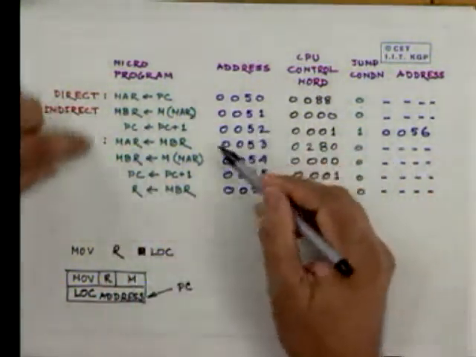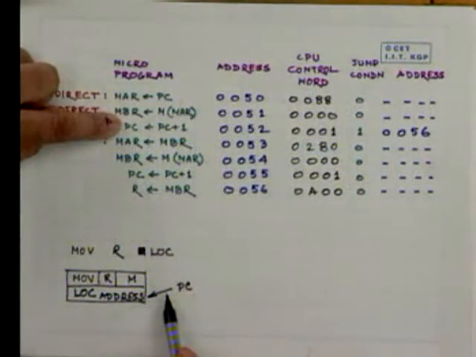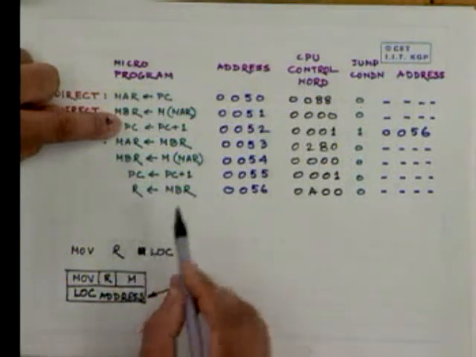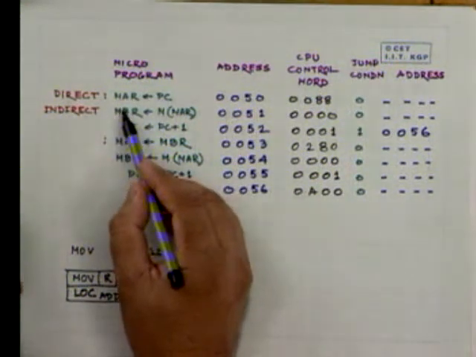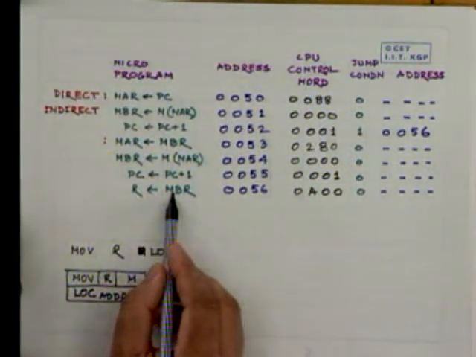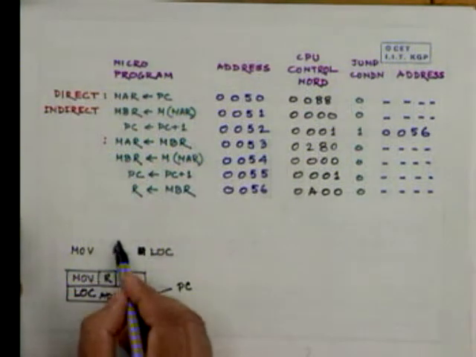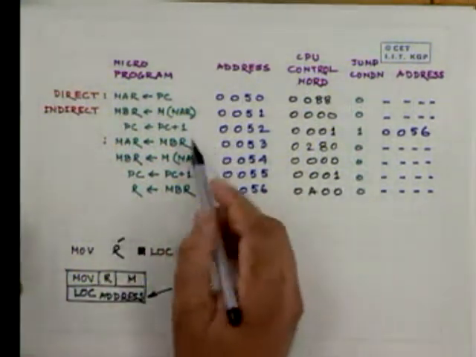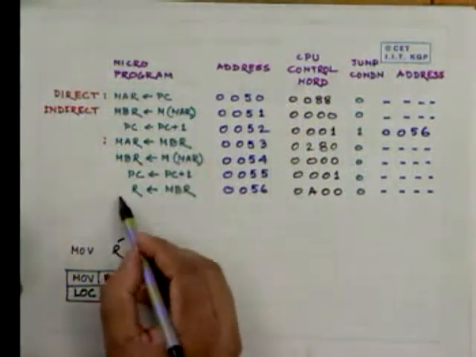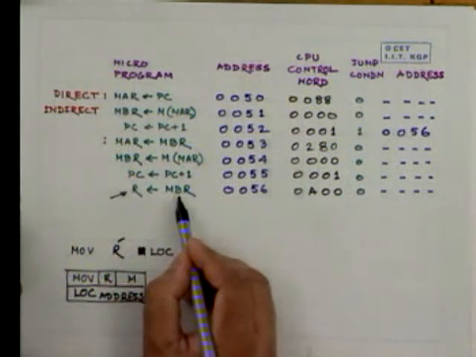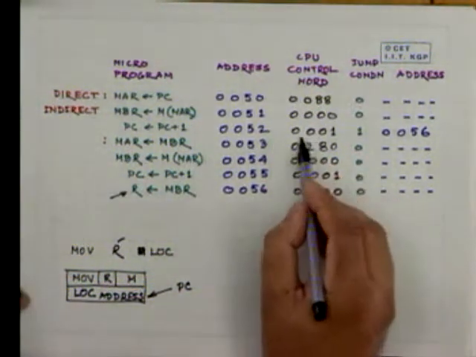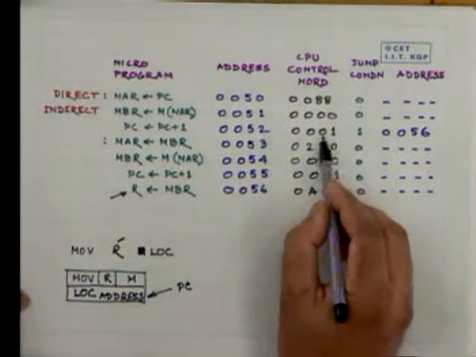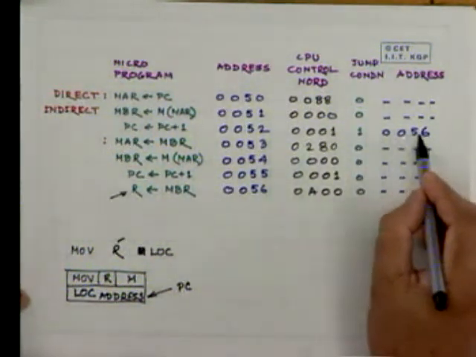Okay. Now, after the program counter is incremented, in the case of direct addressing, the operand is already in the memory buffer register. Therefore, the memory buffer register can be sent directly to the designated register R. Therefore, after the program counter is incremented, we should execute this instruction straight. That means after the program counter is incremented at location 52 by this control word, we should come to location 0056.